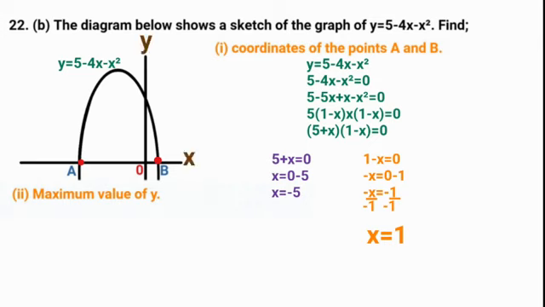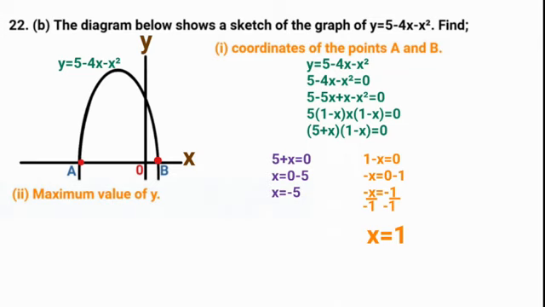So when you look at where the graph is meeting the x-axis, the points there, which are B and A, you can see that the reading on the y-axis is 0. Therefore the coordinate for A will have the reading on the y-axis to be 0, as well as for B it will be 0.